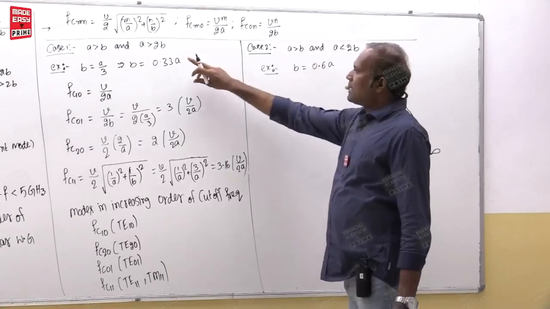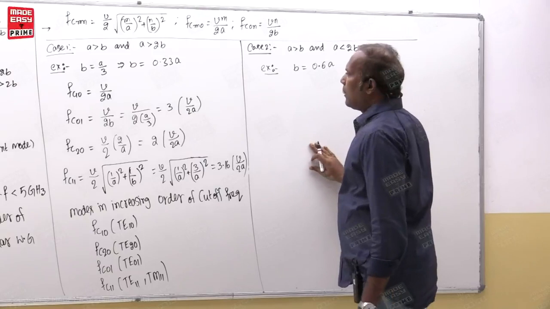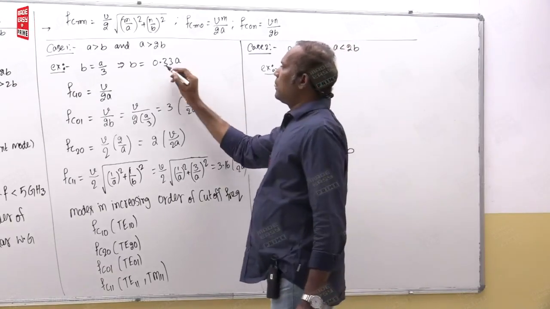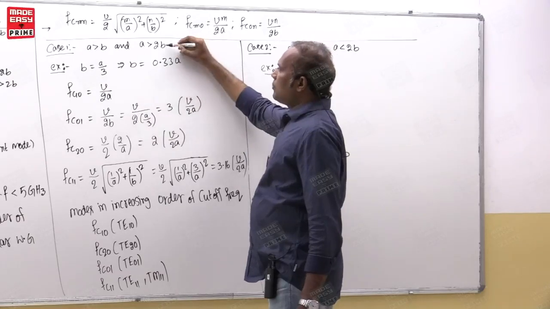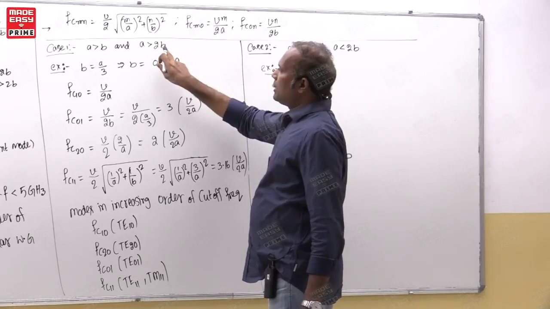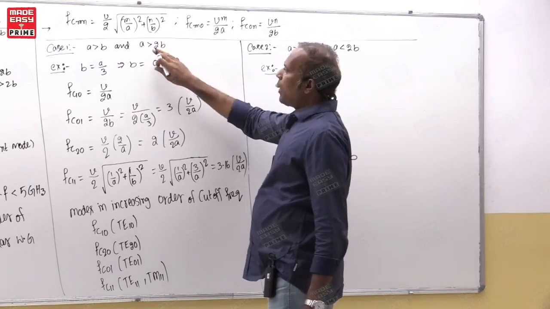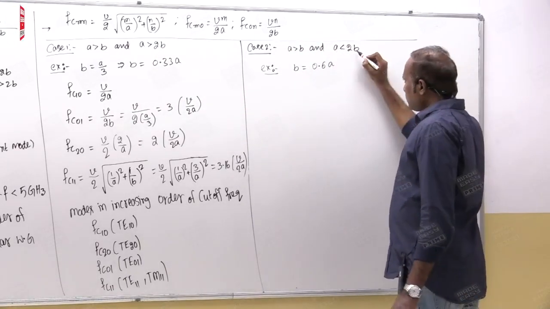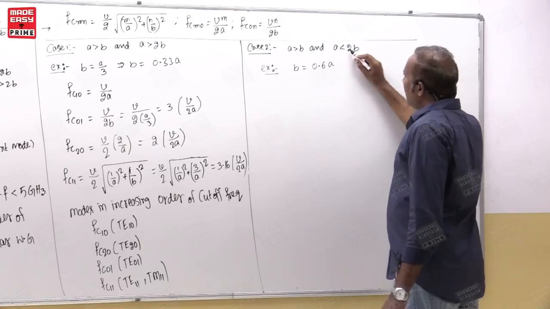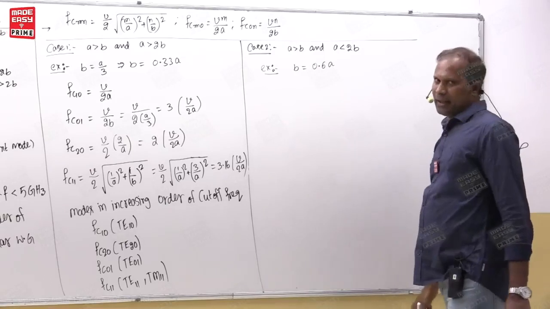Now in both the cases a greater than b only, but you can see here I have taken 0.33a less than 0.5a, that is b less than a by 2, that means b is less than 0.5a. But here if you see carefully, b is greater than 0.5a, but definitely it should be less than a, in between that.